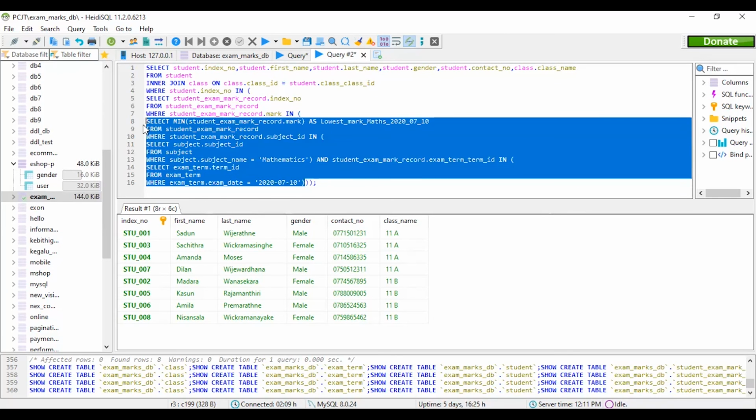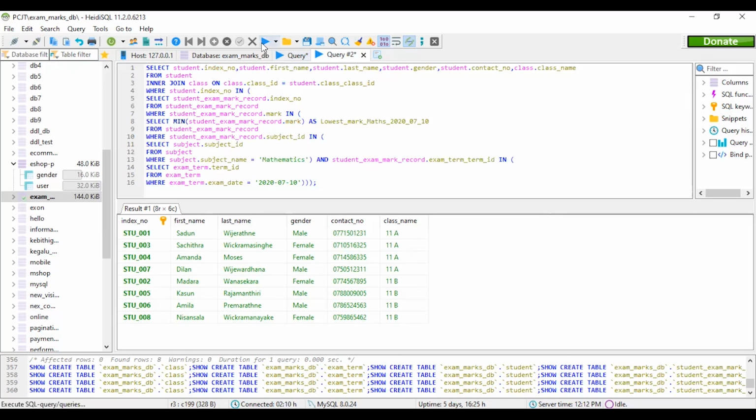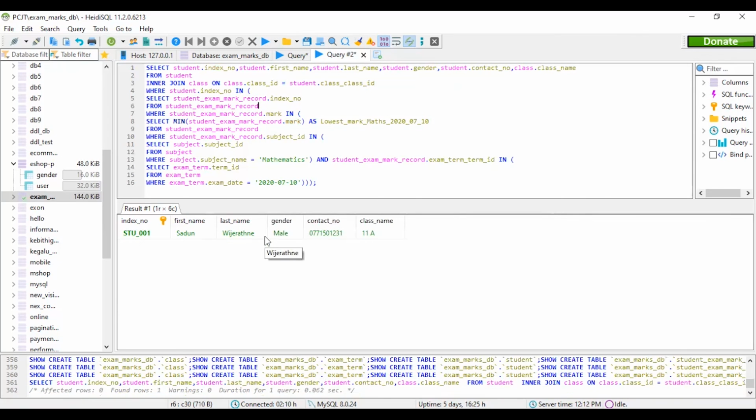So this is the query we got from the last question, and here you can see we have entered the mark to be filtered like this and got the index number of the student who got this mark, and with the help of it we have got the student details to this query, and let's execute, and you will get the answer like this. So this is the student's detail who got the lowest mark for mathematics in the 2020 July 10th examination.